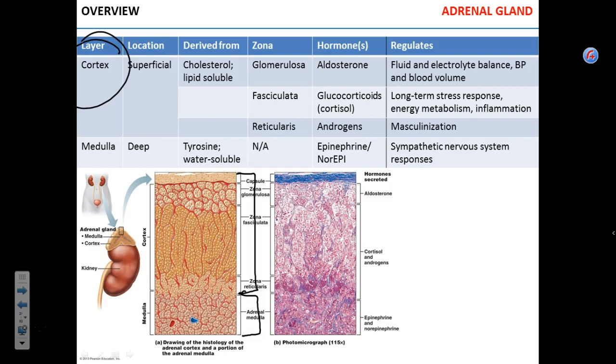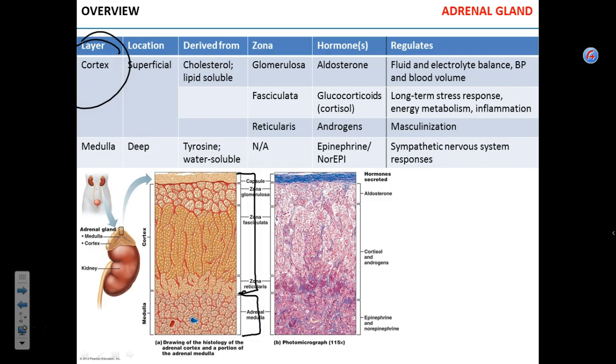Now, we separate them not only anatomically, they look different, but we also distinguish them physiologically, because hormones produced in the adrenal cortex and in the adrenal medulla are structurally and physiologically different.